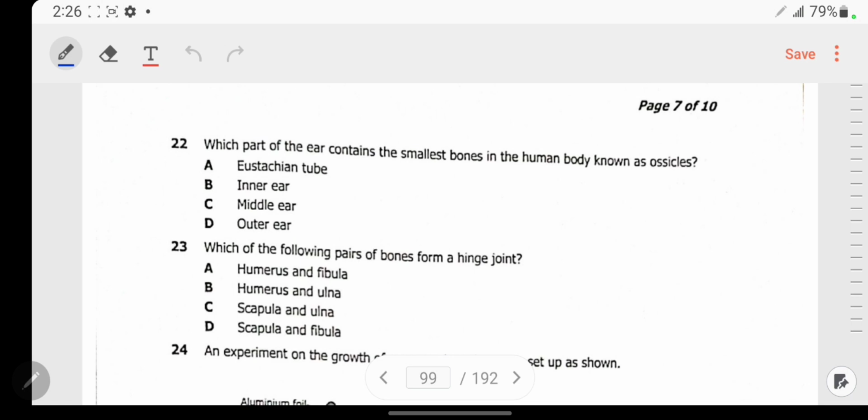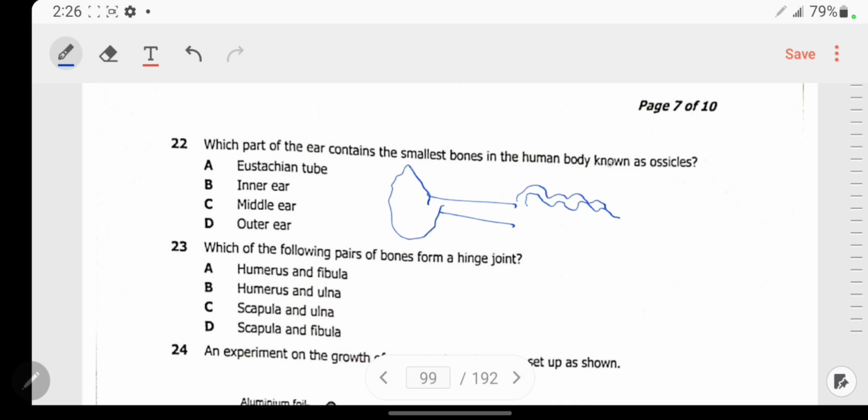The outer ear is made up of the pinna, and we also have the auditory canal. That is what mainly constitutes what we call the outer ear. Now, as we go inside, we have the ossicles, which are made up of the hammer, anvil, and the stirrup.